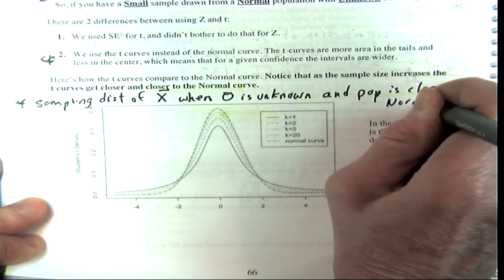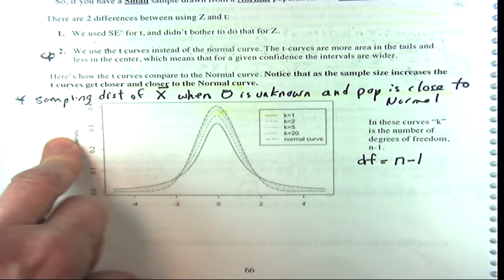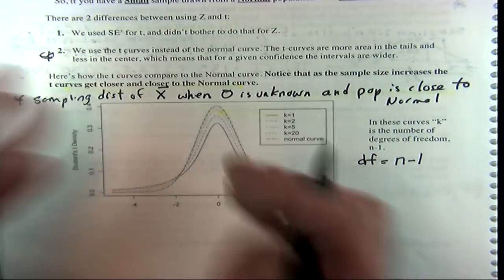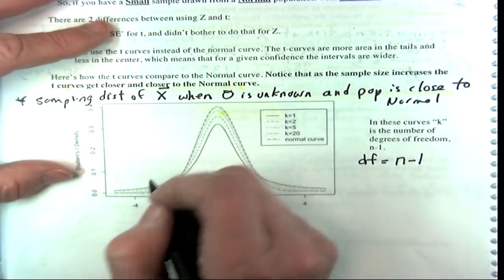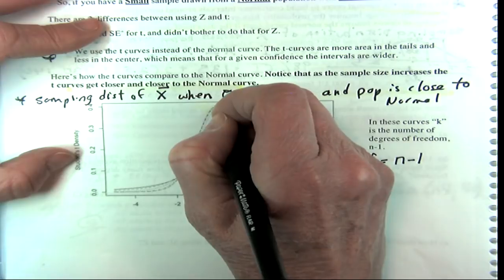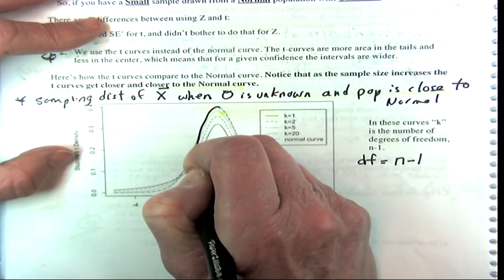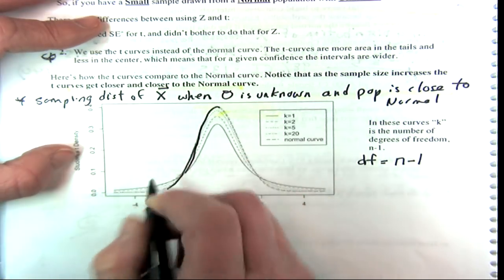That's what this is. No matter how big your sample size is, it just doesn't matter with a big sample size. You can just use the normal. Why? Because look at how these T-curves change. Look at this one that's tallest. It has the skinniest tails.